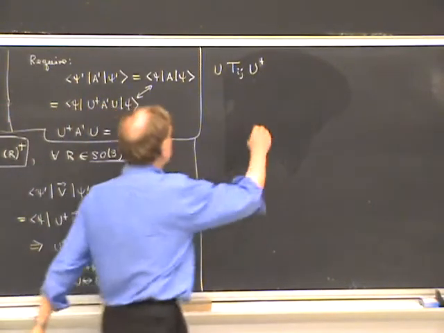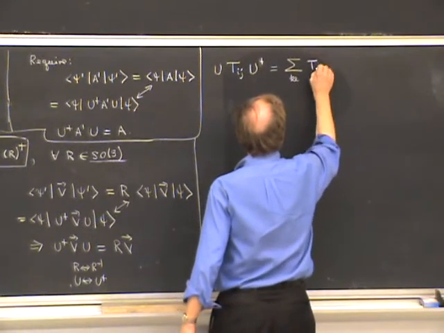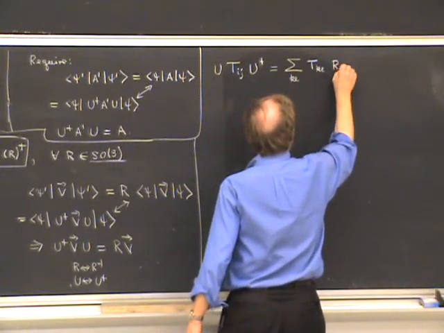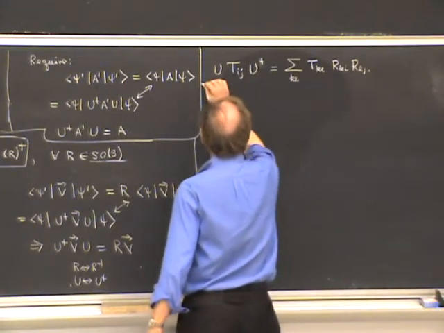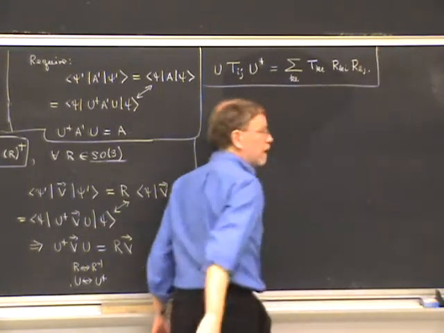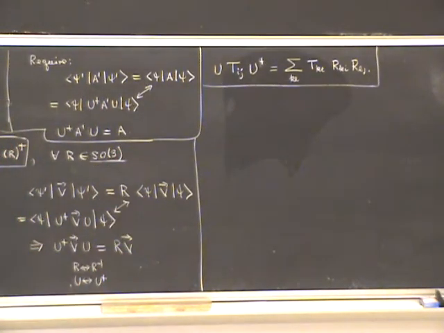And so what that means is this must be equal to a sum over k and l of Tkl times Rki times Rlj, and that's the definition of a tensor operator. Tensor operator of rank 2. You can go on to define higher order tensor operators.